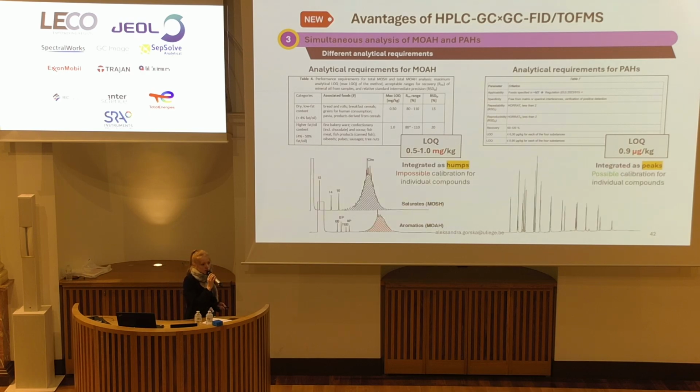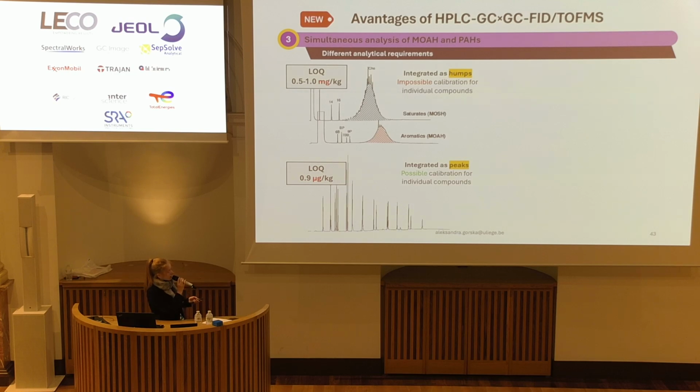Second, because of the integration approach. For MOAH, we integrate as a hump. So you integrate the area of all those hundreds of coeluted compounds. Instead, for PAHs, you are integrating peaks. So in this case, you can calibrate the response of each of your peaks, while here you cannot. So as a consequence, for quantification of MOAH, you need a detector that gives you a similar response for all hydrocarbons.